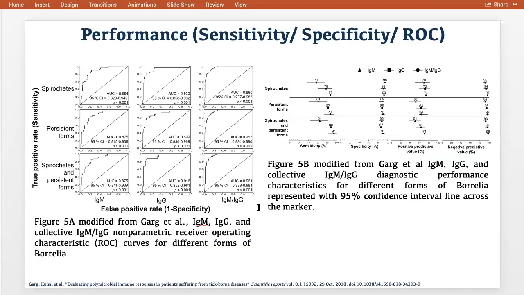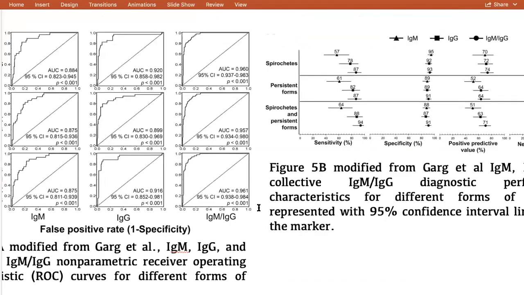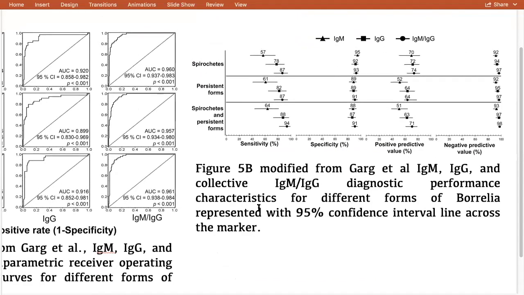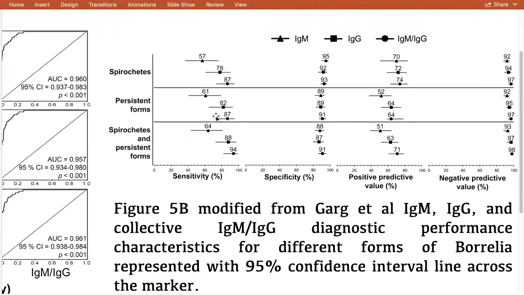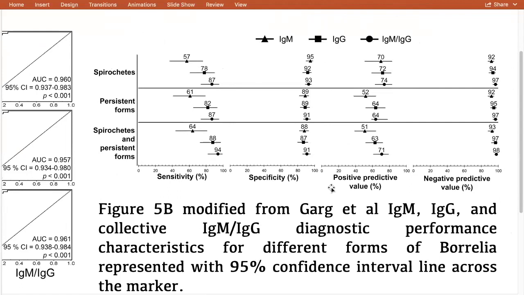But obviously, we need to understand the sensitivity and specificity of the Tickplex data. And while I can maybe magnify over here, what you see over here is the sensitivity, specificity, positive predictive value, and the negative predictive value for the Borrelia antigens.